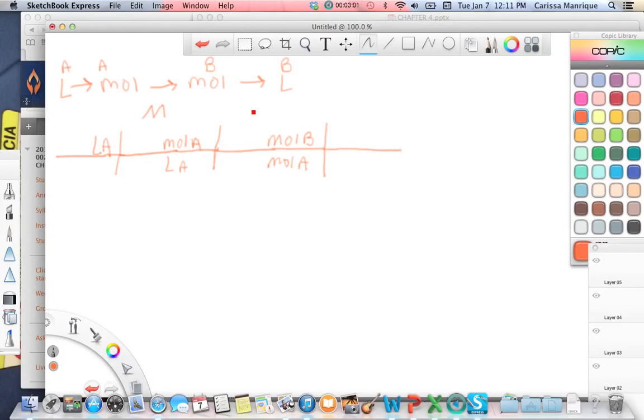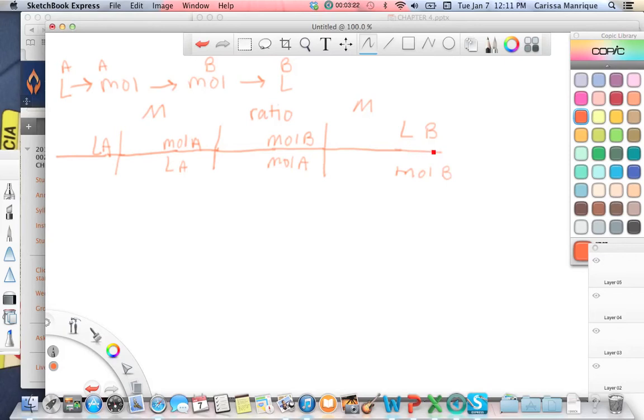So this is the ratio. And then over here, we're going to use the molarity again, but since we have moles of B right here, we're going to put moles of B here, and then liters of B at the top. Okay, so this is our pathway for liters to liters.